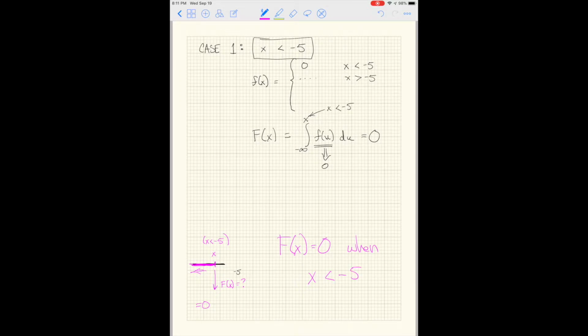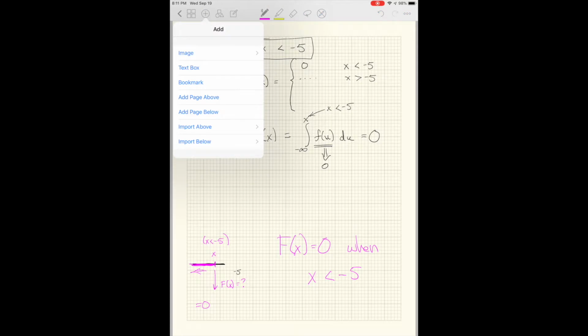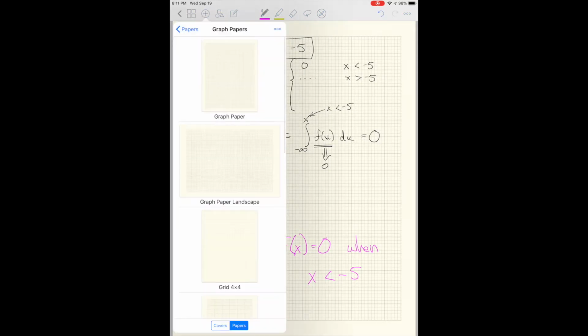All right, so let's go to a more interesting case. So now I'm going to go to case 2. And that case 2 is when x is between -5 and -4.